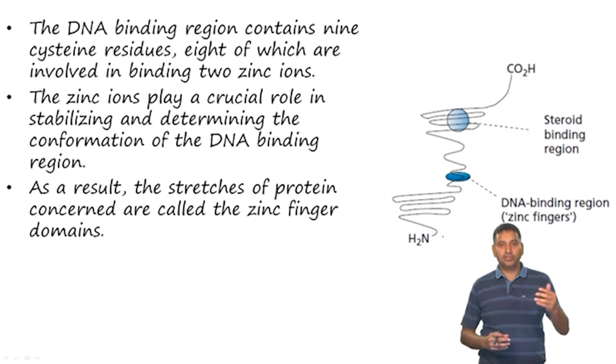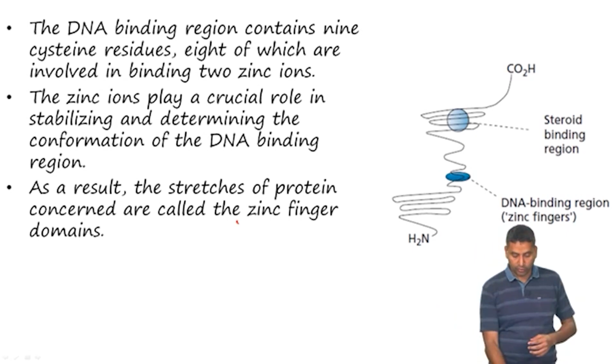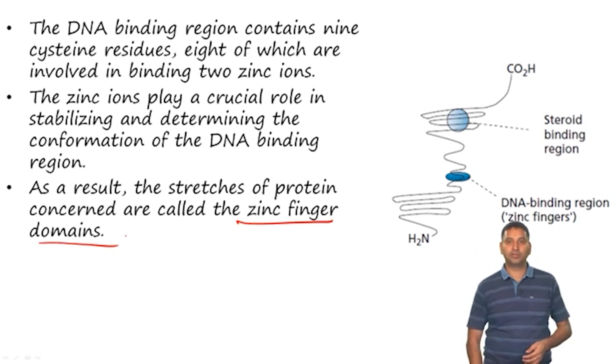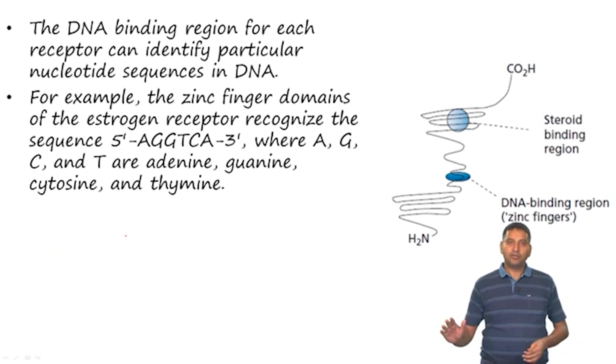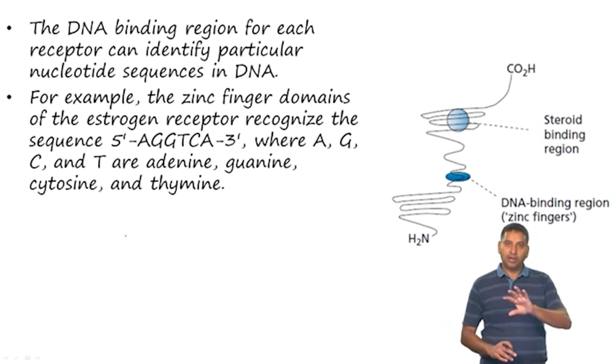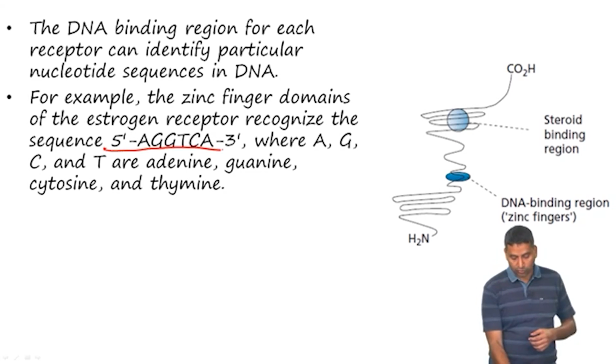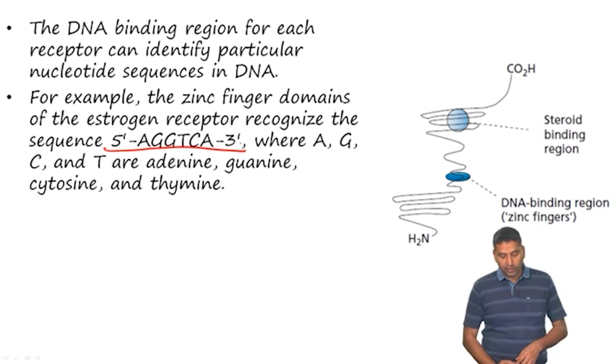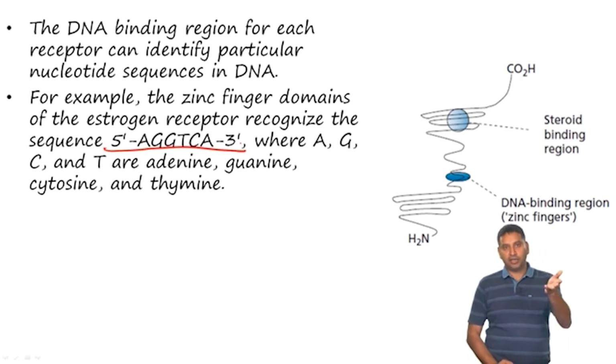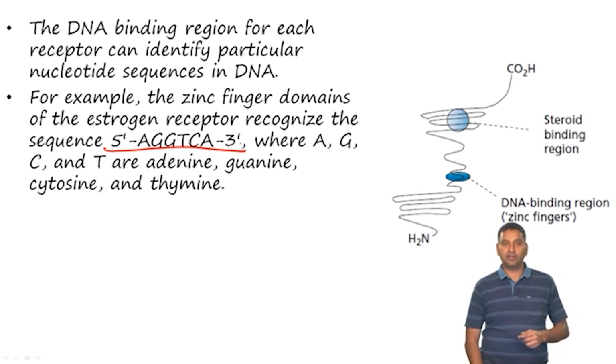As a result, these stretches of protein are sometimes referred to as zinc finger domains. The DNA binding region for each receptor can identify a specific nucleotide sequence in DNA. For example, the zinc finger domains for the estrogen receptor recognize the sequence shown here, where A, G, C and T are adenine, guanine, cytosine and thymine respectively.